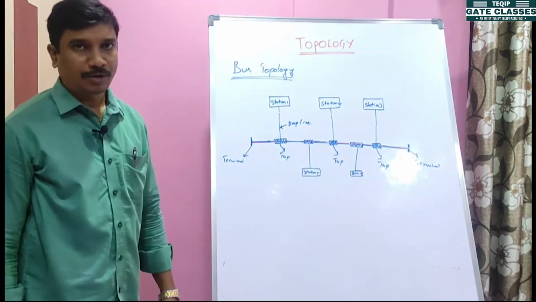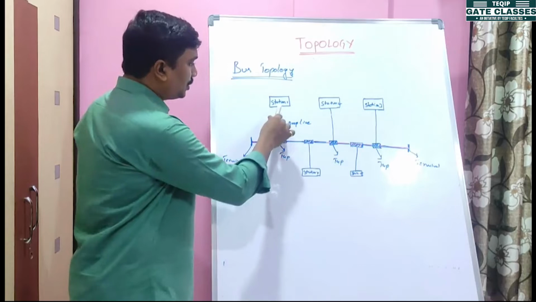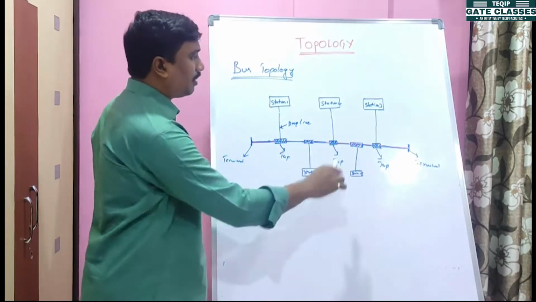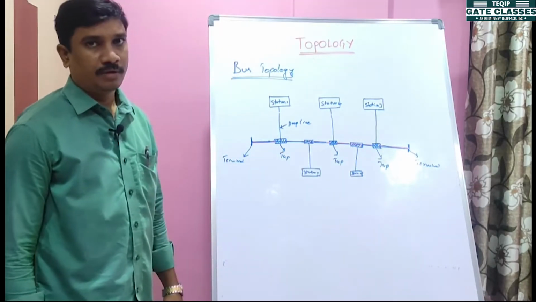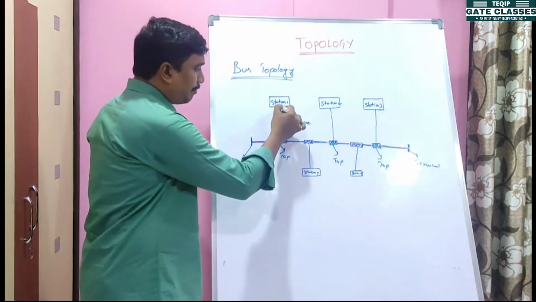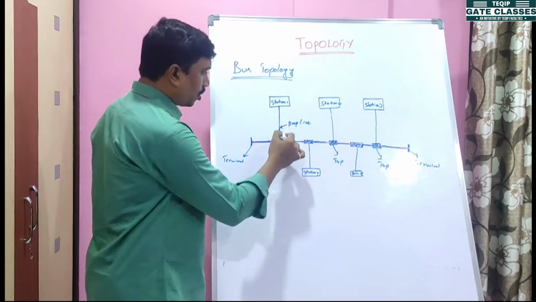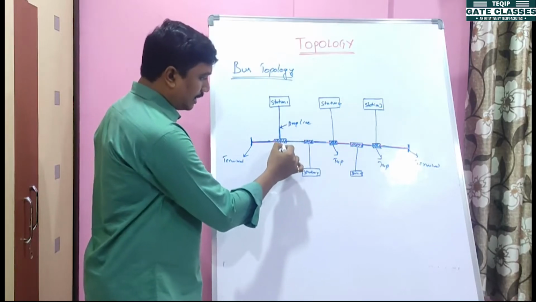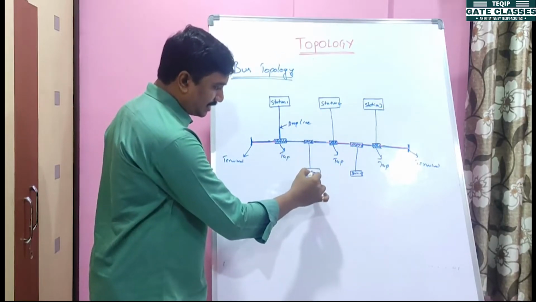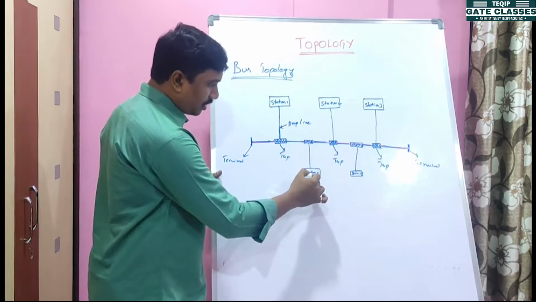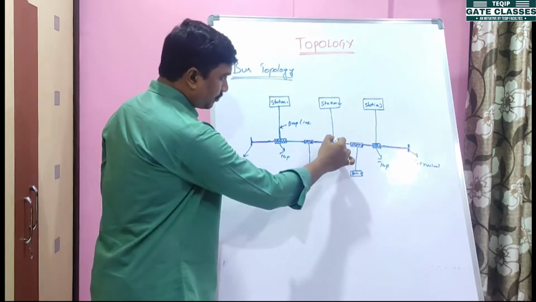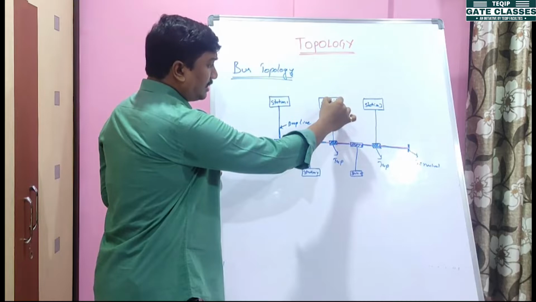Suppose Station 1 wants to send information to Station 5. First, the message goes through the drop line to the backbone, and it goes to Station 4. Is it Station 5 or not? No. Again it goes to Station 2. Is it Station 5 or not?